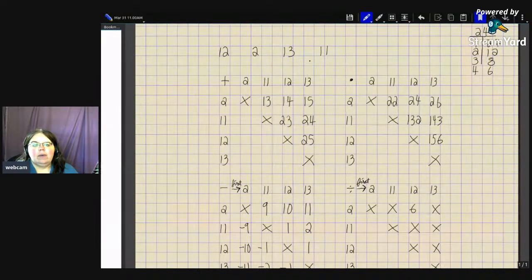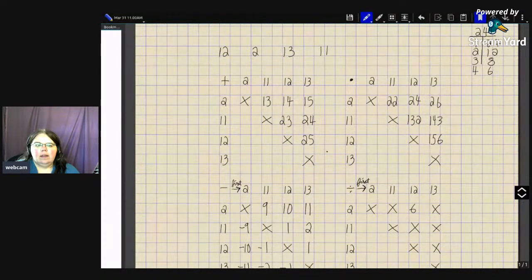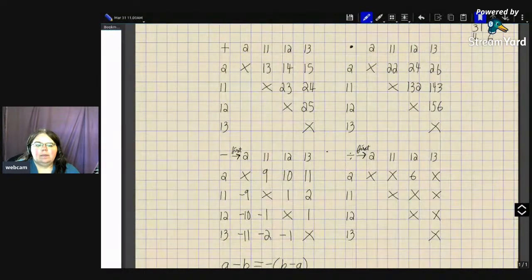Okay, so I was thinking as I was writing these that subtracting something and getting a 1 and then multiplying it could be useful.